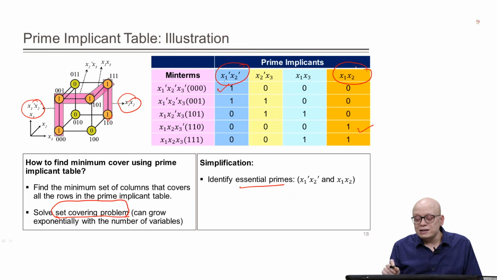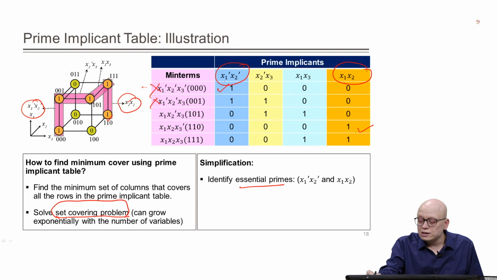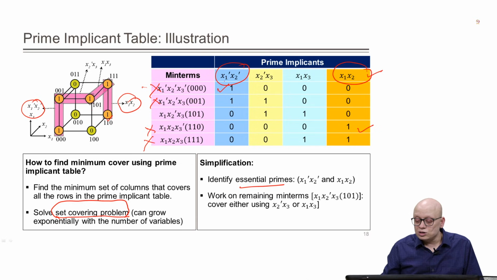So, we identify these essential primes and then get rid of the rows which are already covered by these two essential primes. In this case this is already covered, this is also covered, and if we select this prime also, then this is covered and this is also covered. Now, we need to work on the remaining minterms.